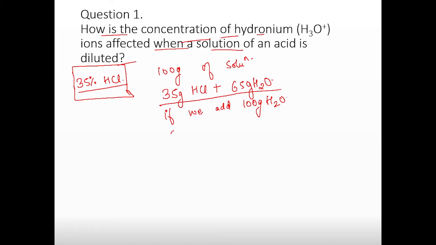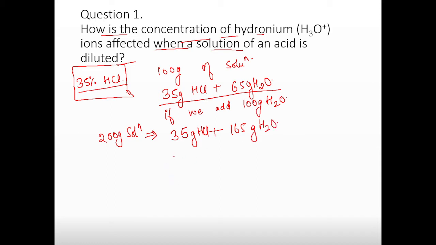That is, every 200 gram solution will contain 35 gram HCl and how much water? 165 gram water.